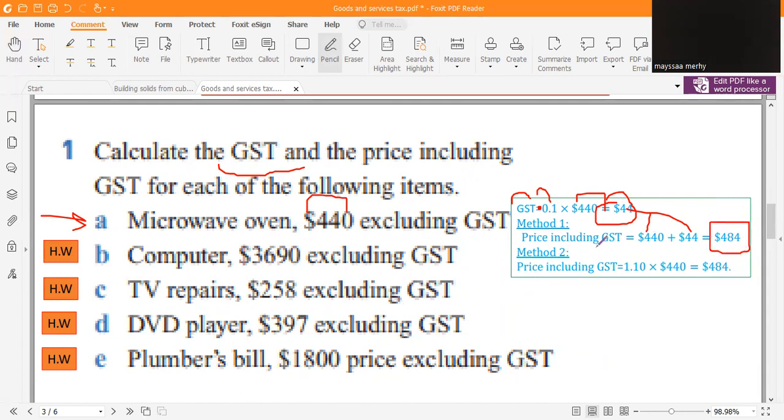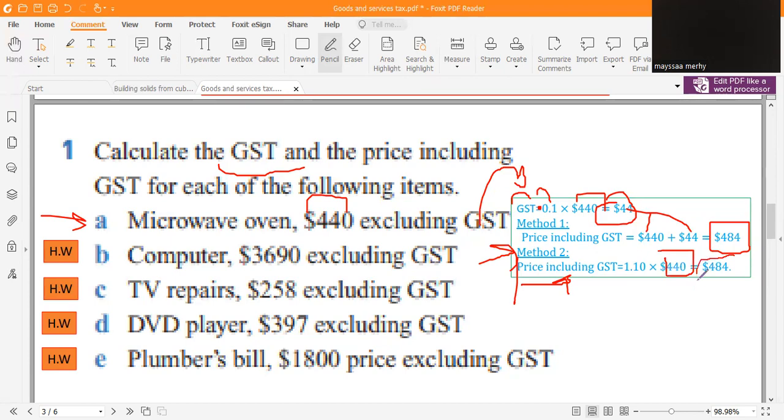We can use another method to calculate the price including GST without passing through the calculation of the tax. We can use this formula: price including GST equals 1.10 times the price excluding GST.